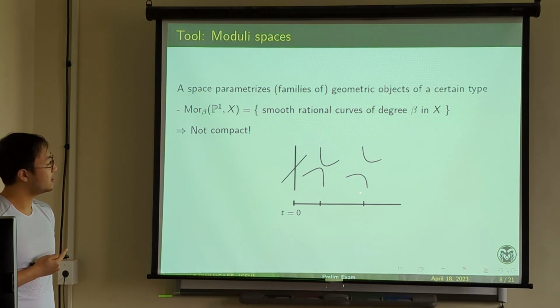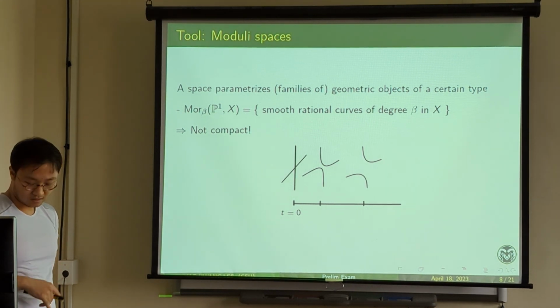So a generic fiber gives you degree 2 curves. But once you deform to the central fiber, this becomes a nodal curve. Then this nodal curve is not in here. So that's why this is not compact. So we're going to compactify this space by putting in such degenerations.